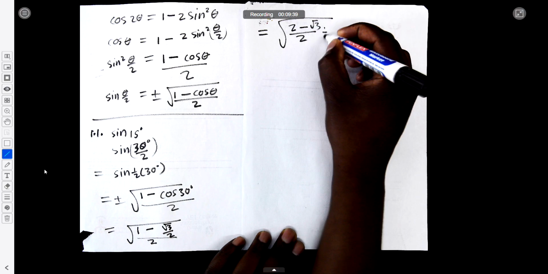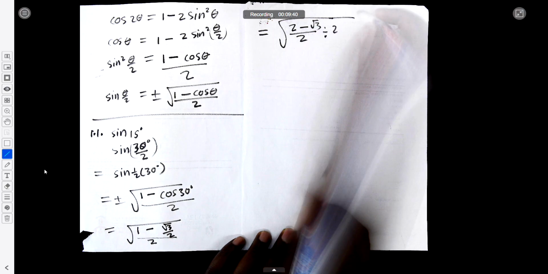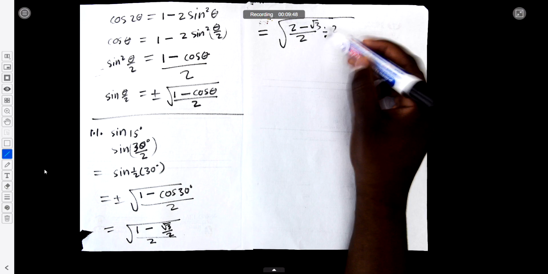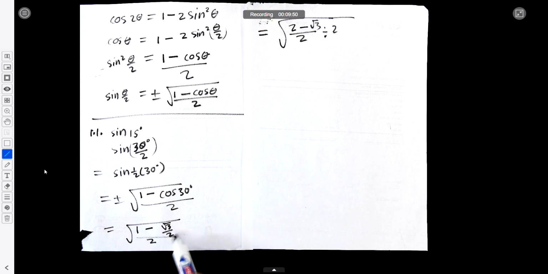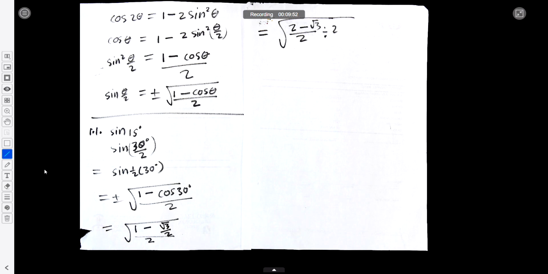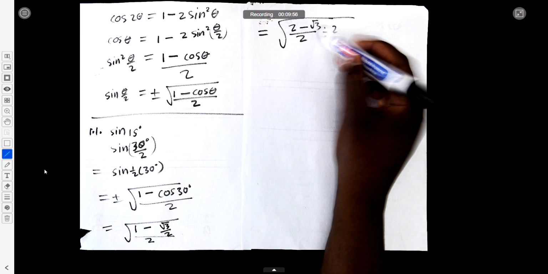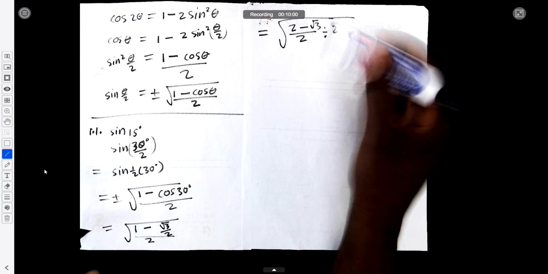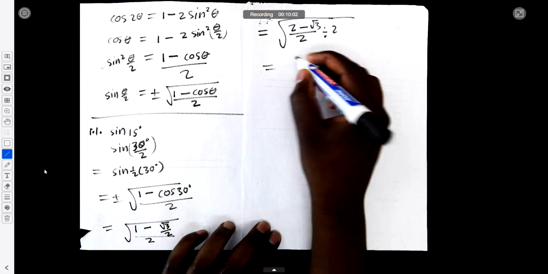Let me put this division there. But we're not using a calculator, so everything was still divided by 2. So these 2, I let it divide in this format while I've added the fractions in. So 2 minus root 3 over 2, all divided by 2. Changing the division to multiplication, 2 goes down and multiplies.